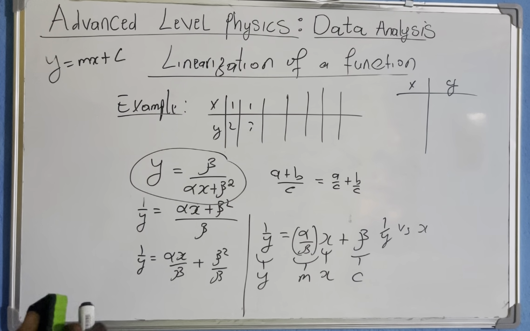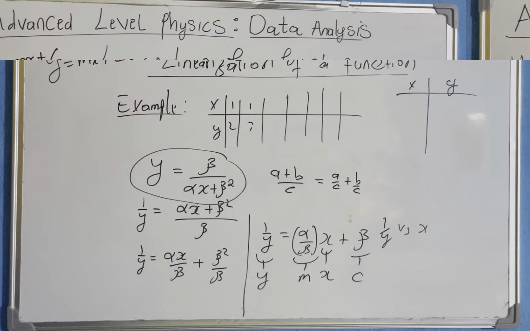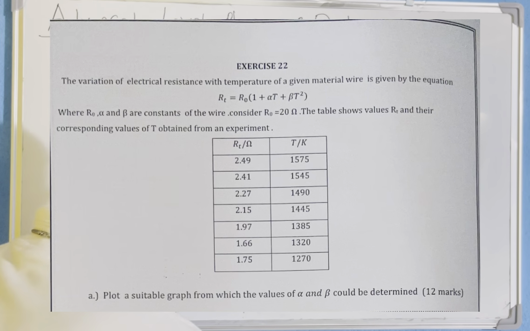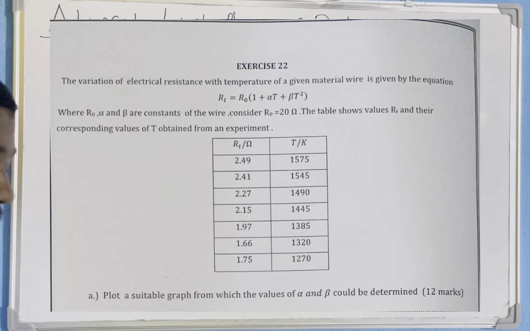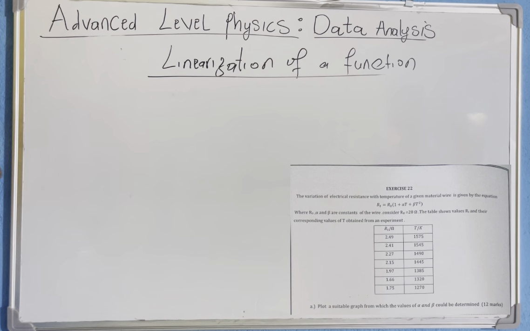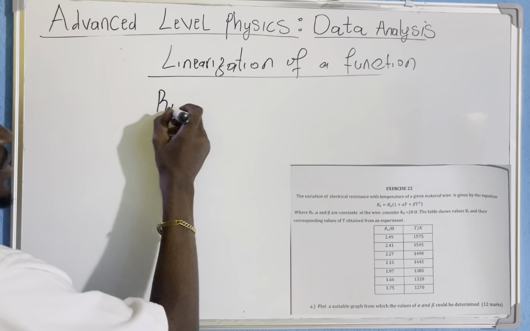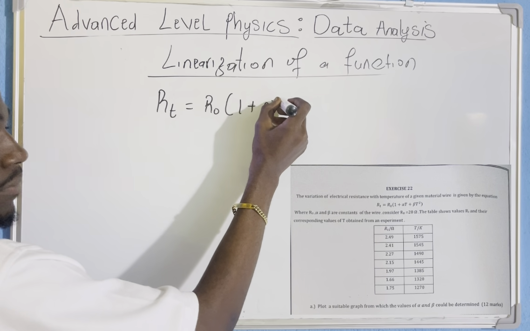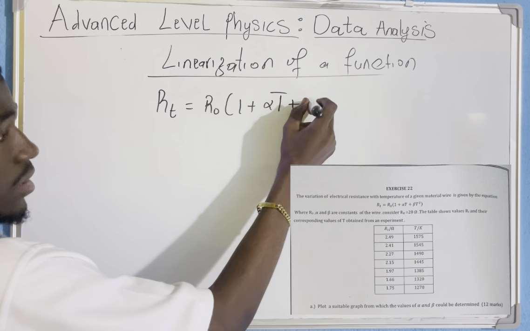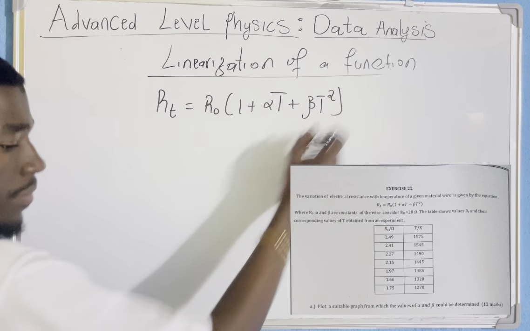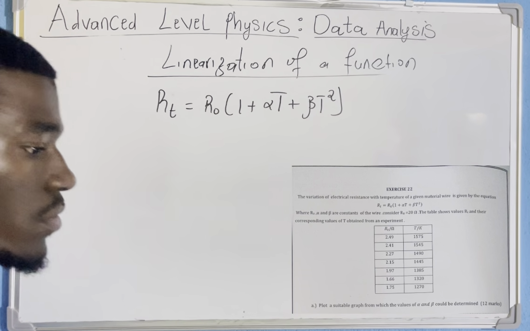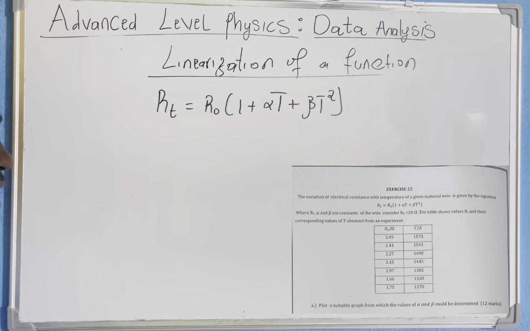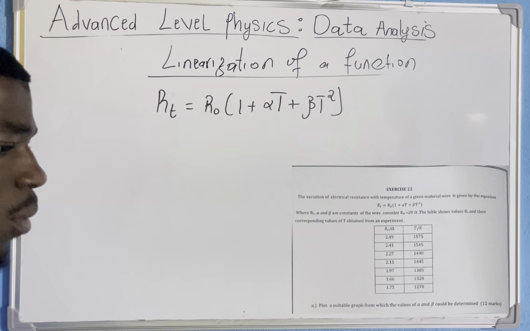Now let us take sample DCE questions. Our first sample DCE question is this. The variation of the electrical resistance with temperature of a given material wire is given by the equation RT equals R0 in bracket 1 plus alpha T plus beta T square, where R0, alpha and beta are constants of the wire.